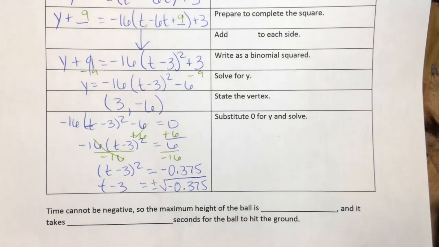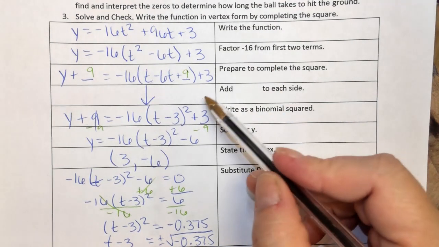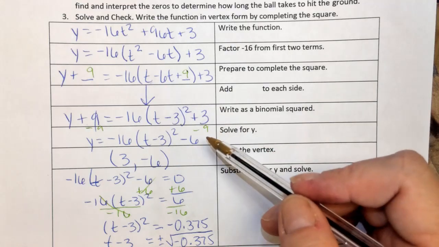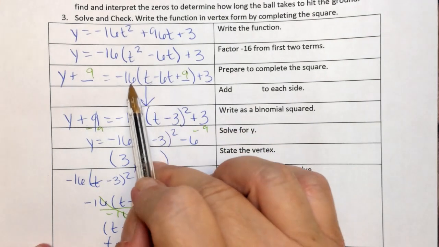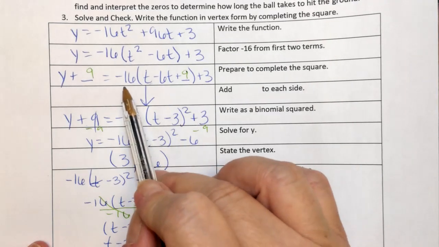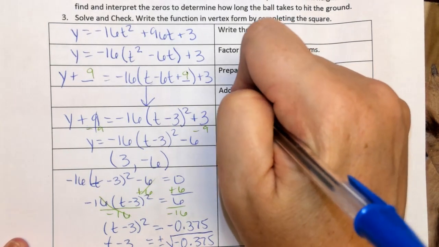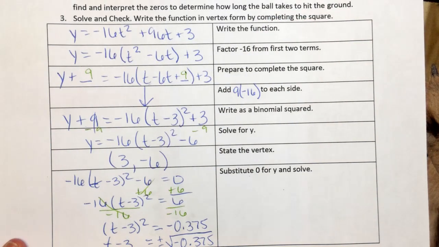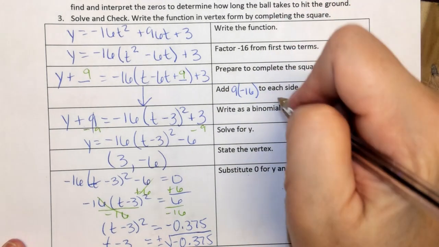Oh my goodness. So, remember this step I decided to skip? Yeah, I shouldn't have. Because we factored out this 16 and we have this 9, we actually have to add 9 times negative 16 to both sides, which is 144.